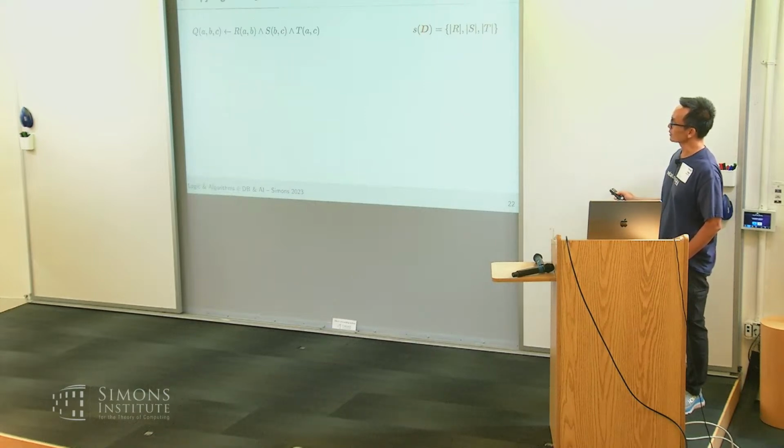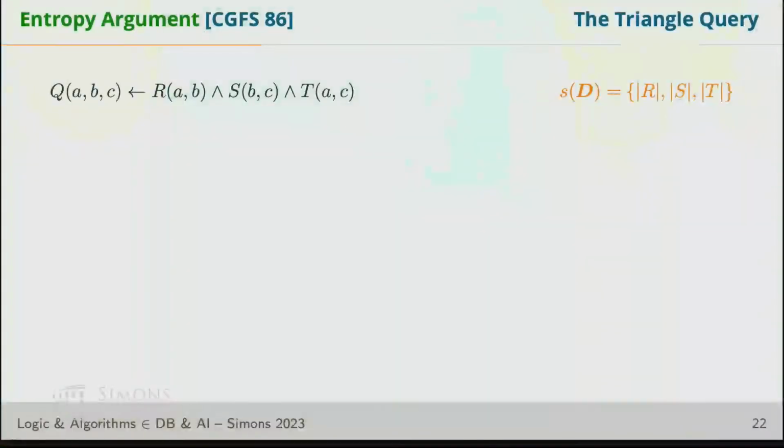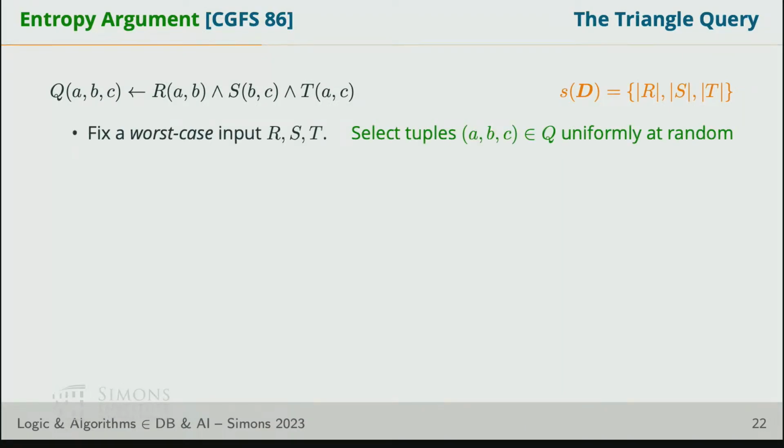Now, the next bound is based on the entropy argument, which came probably even earlier from a famous paper by Fan Chung, Graham, Frankl, and Shearer. And it goes like this. Let's fix a worst case input for this query, so R, S, and T. For this worst case input, we will get a table of triples in Q. It's probably a pretty big table, but it's going to be finite.